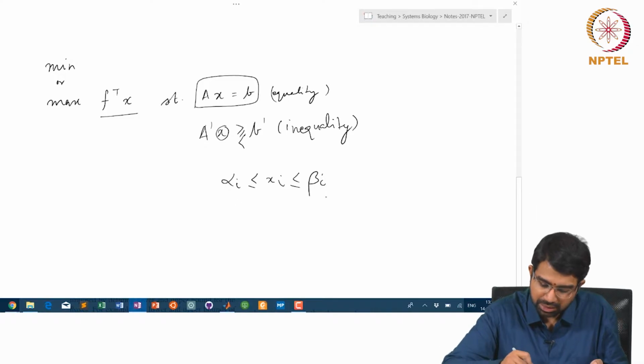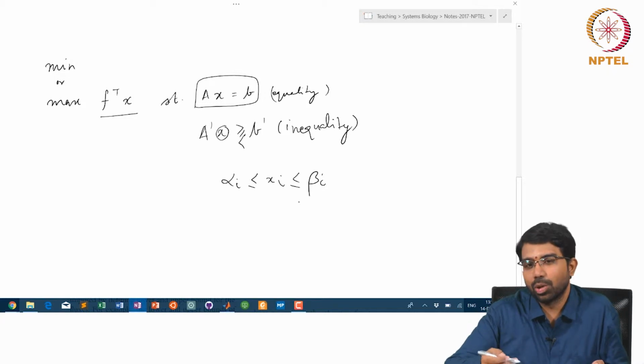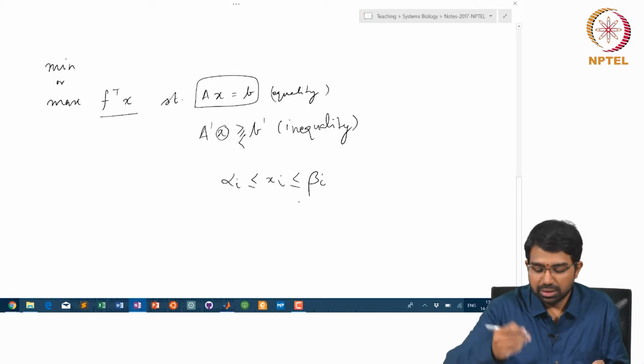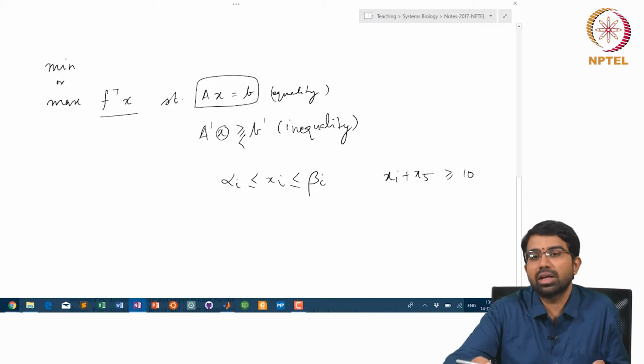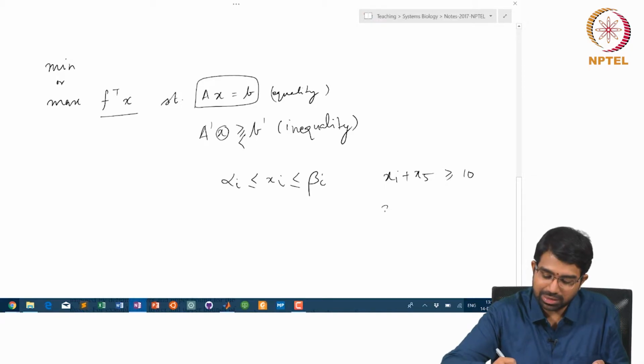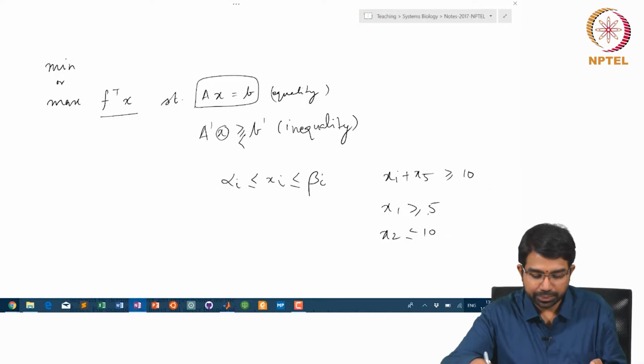It just says this is the linear constraint that is given to the solver in terms of upper and lower bounds. Because if you had a constraint x1 plus x5 greater than or equal to 10, then you need to specify it differently. If all you are saying is x1 greater than or equal to 5, x2 less than or equal to 10, you can directly specify them as upper and lower bounds. It doesn't affect how the solver works.